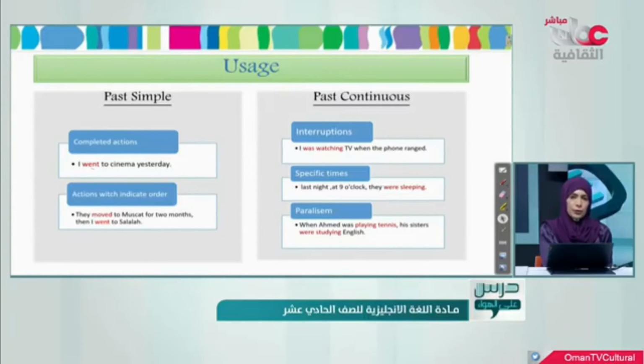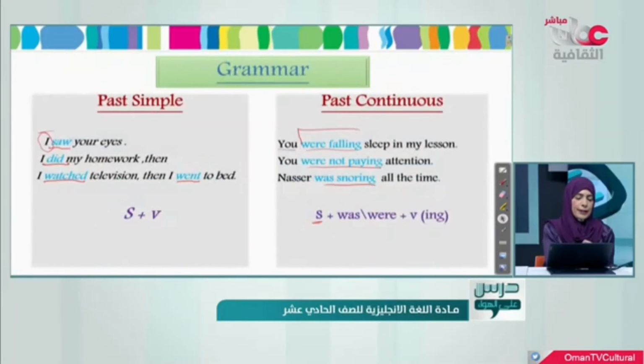When we talk about the whole activity, we are not considering the duration or the time in any way. Actions which indicate order. This is the second usage of past simple. They moved to Muscat for 2 months, then I went to Salalah. If I go back to the previous slide, I can notice I did my homework, then I watched television, then I went.